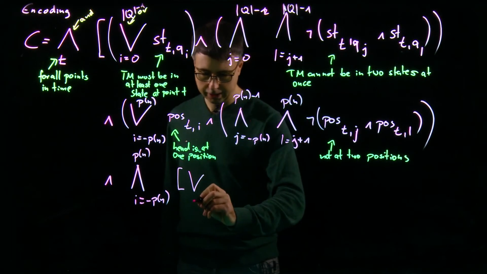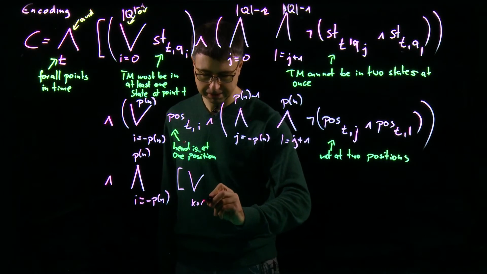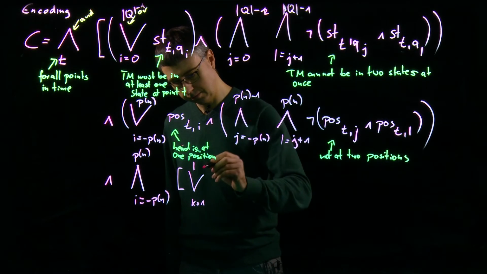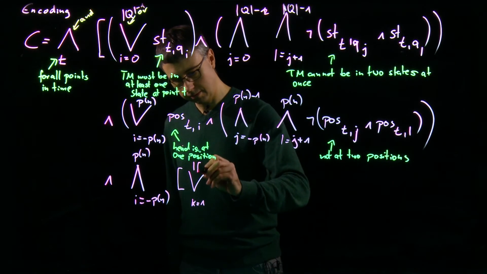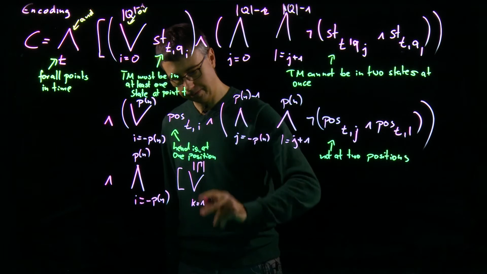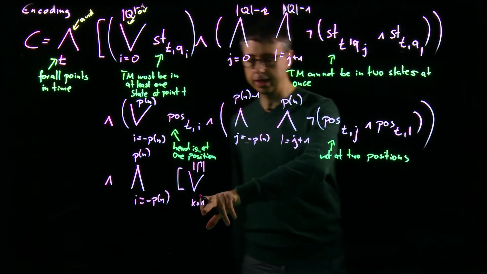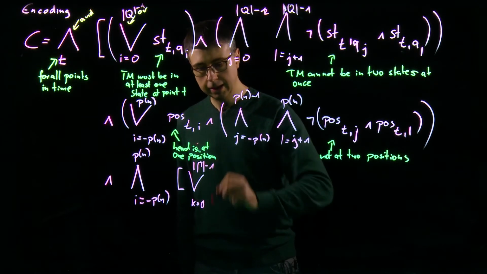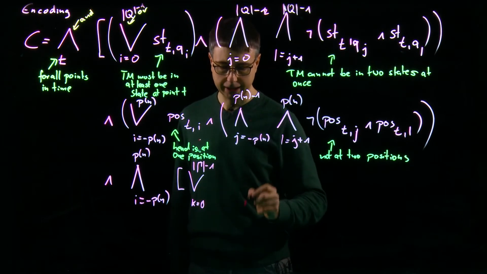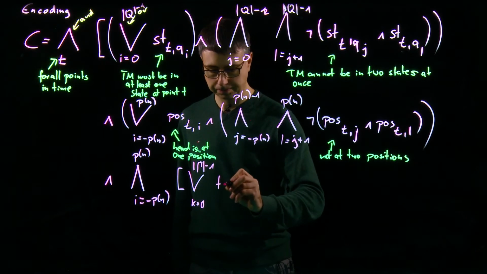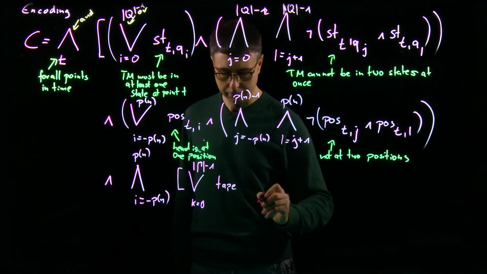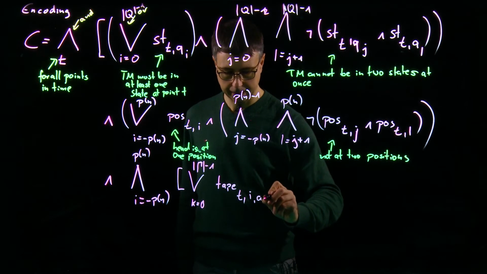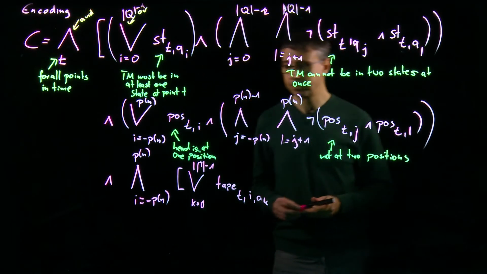We know that one letter must be there. Let's say we start our counting with 1. Well, we can only start at 0. There must be one letter on the tape, so tape t,i,a_k must be true.